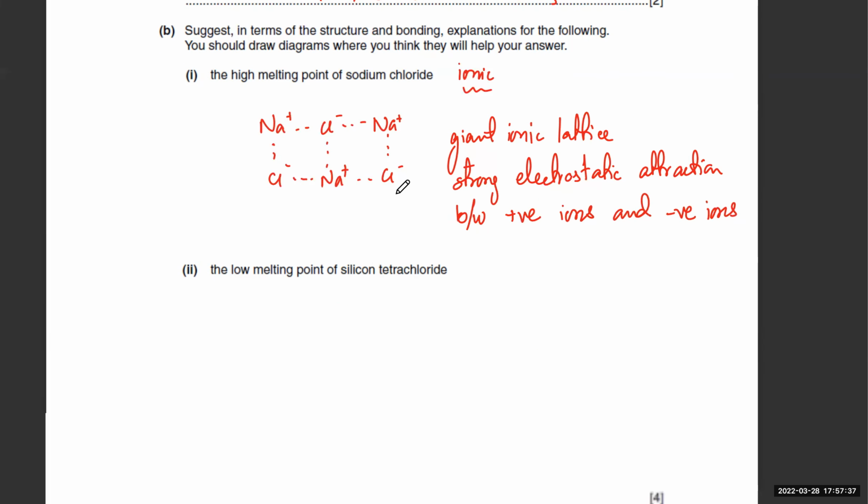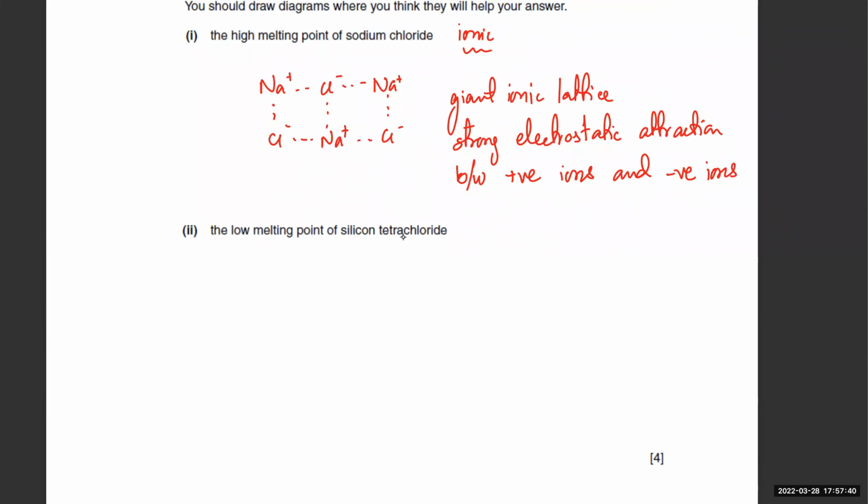And the low melting point of silicon tetrachloride, that's a covalent molecule. Plus it's non-polar as well. What happens in covalent molecules is that one molecule is completely separate from another molecule. They don't have anything to do with each other.